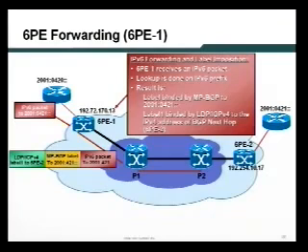So it needs to know, oh, wait a minute, this means I'll have to encapsulate this packet with an IPv6 tag and then with an IPv4 tag to do 6PE.